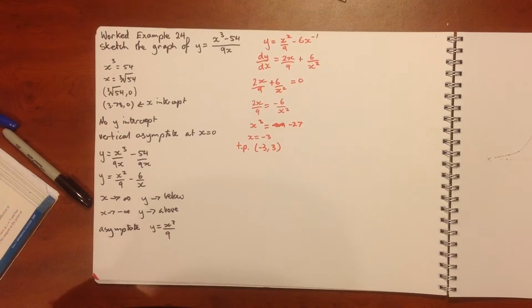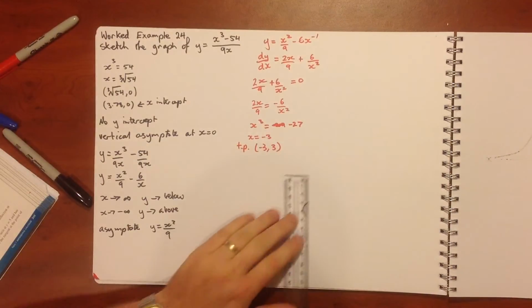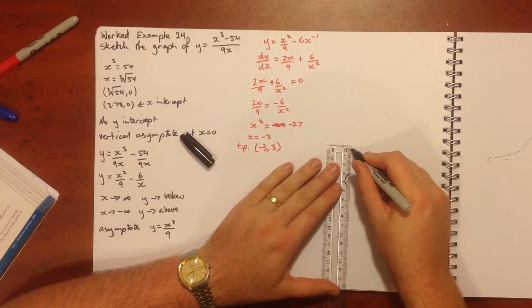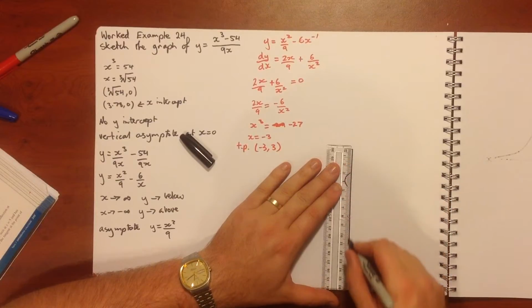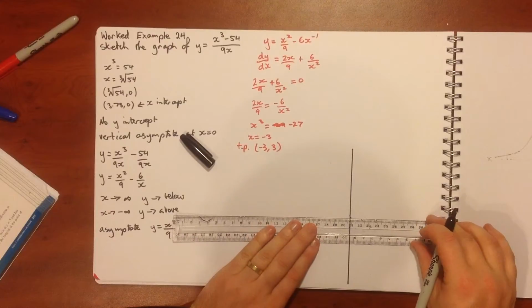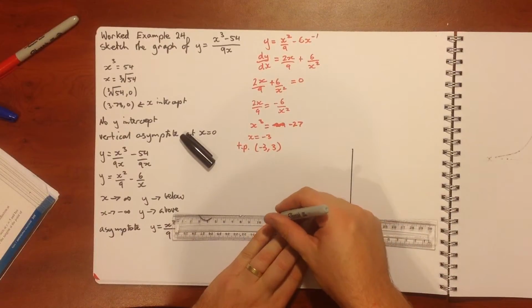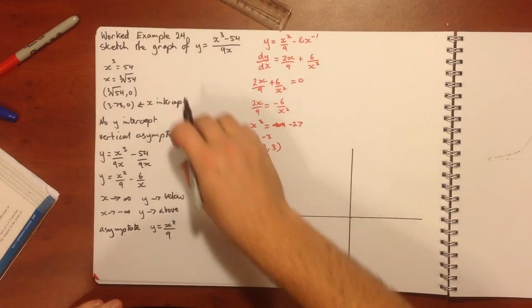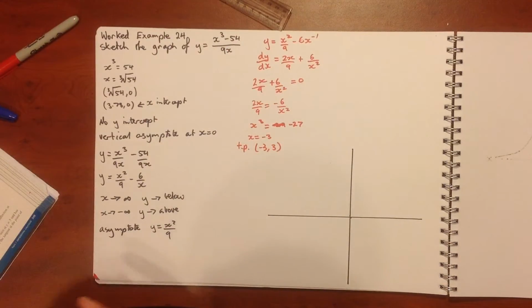So basically, we've got everything that we really need now to actually graph this, believe it or not. It's a little bit weird, this one, because of our equation of our asymptote. So we'll get some axes going. When you get an equation of an asymptote that's a quadratic or something like that, you need to be thinking, hang on, I've got to sketch that quadratic first.